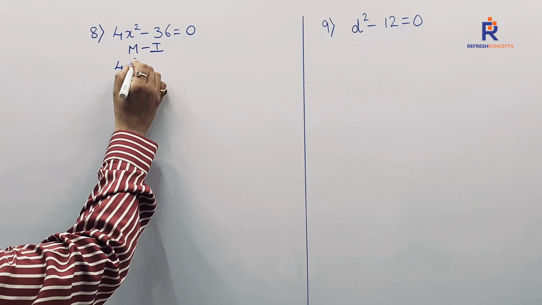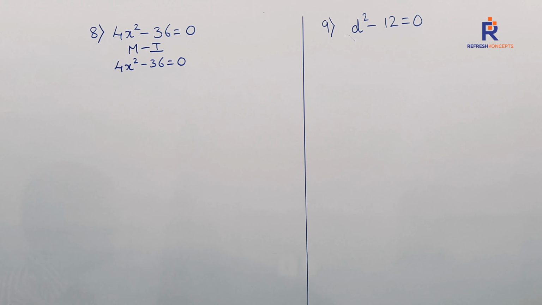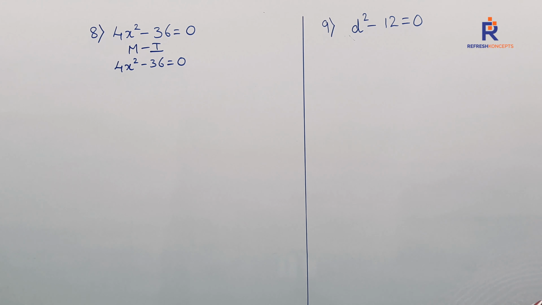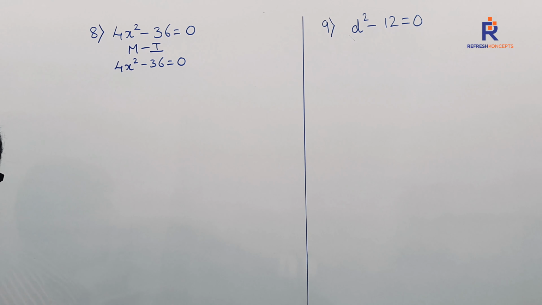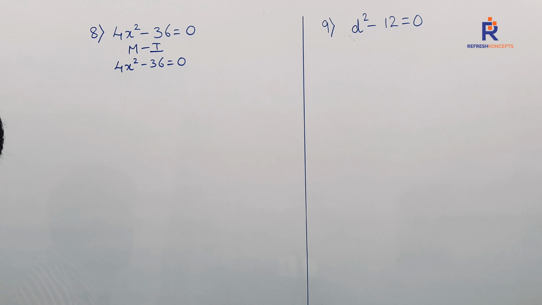4x square minus 36 equals 0. Now in method 1, whenever we have a pure quadratic equation, we always try to convert it into a square minus b square form.